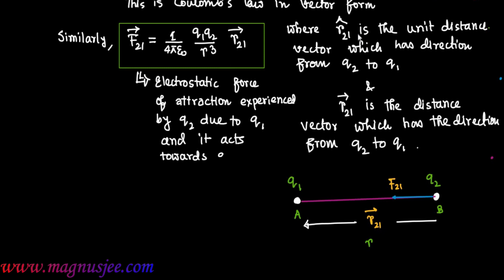That means this electrostatic force vector F21 acts towards q1 and from the point B. Alternatively, we can say that it acts towards the other charge q1 from the point B.